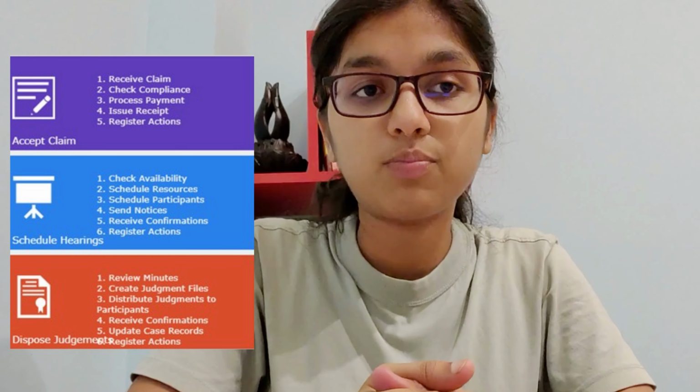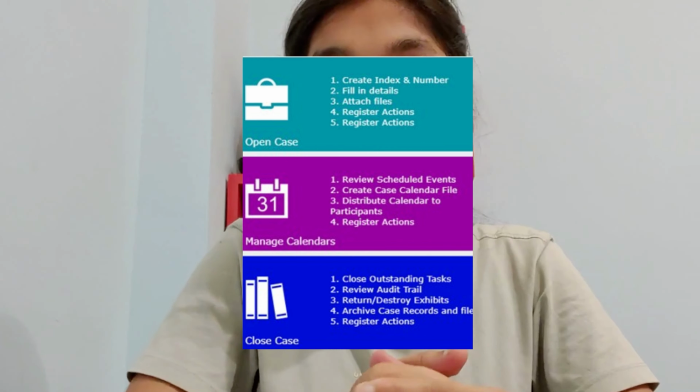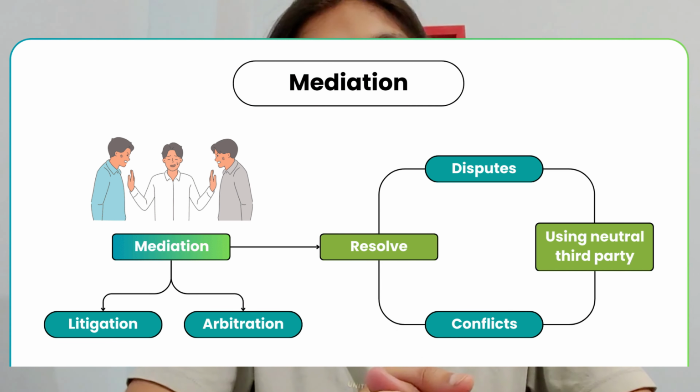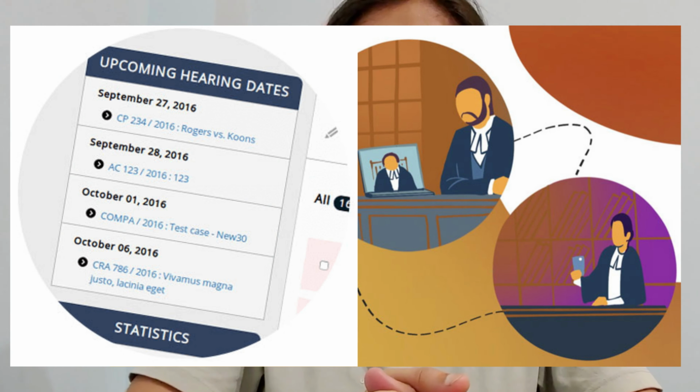CMH aims to expedite the litigation process by identifying the key issues early on, encouraging the parties to explore alternative dispute resolution, which are ADR methods, including mediation, setting clear timelines for different stages of the case, and ensuring adherence to those timelines. CMH must be held within 4 weeks of the admission of the affidavits and the denial of the documents by both the parties.